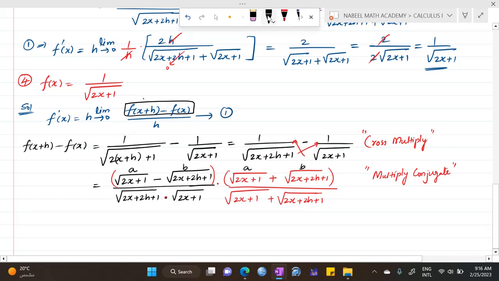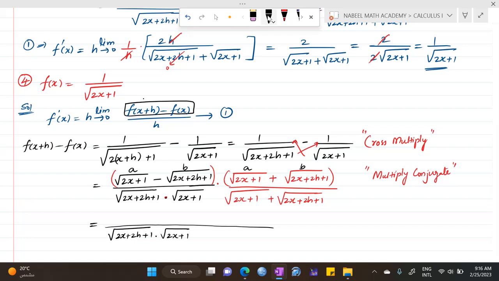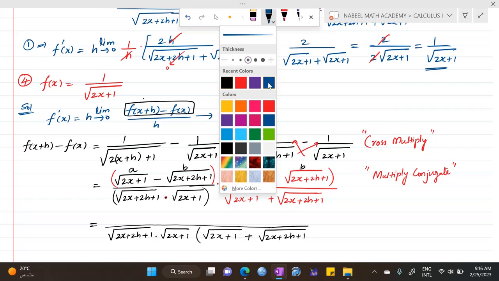Now in the denominator it is going to be the same, no change in the denominator. You will have here square root of 2x plus 2h plus 1 product 2x plus 1. So this term is over. Now the next one here you will have square root of 2x plus 1 plus square root of 2x plus 2h plus 1. And then I have the a plus b whole square rule. So what is the rule here?